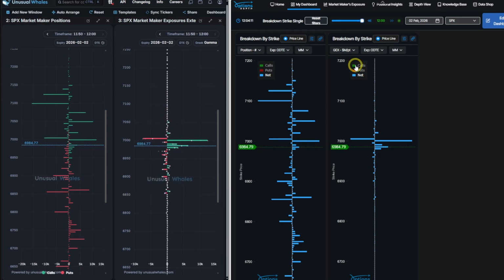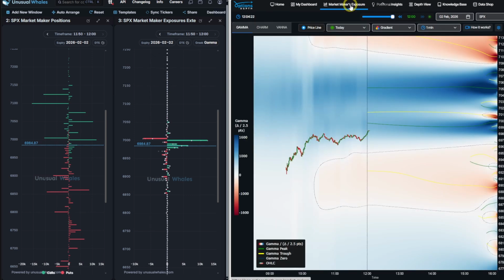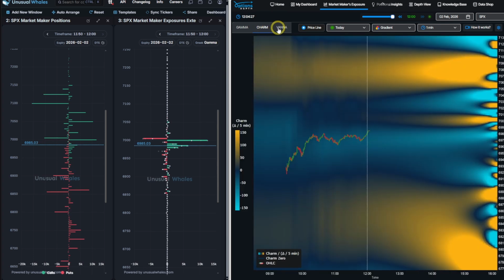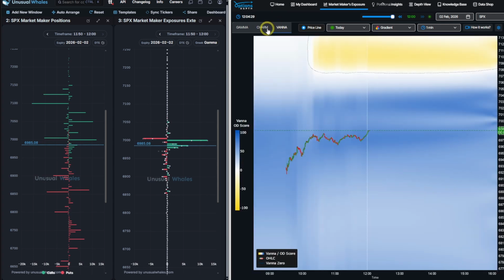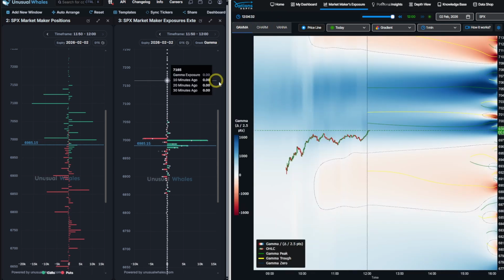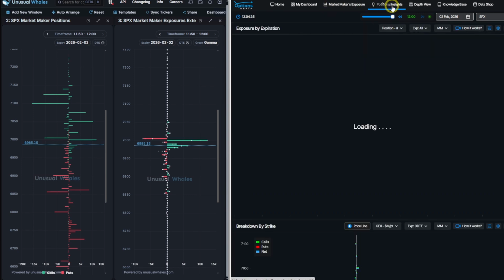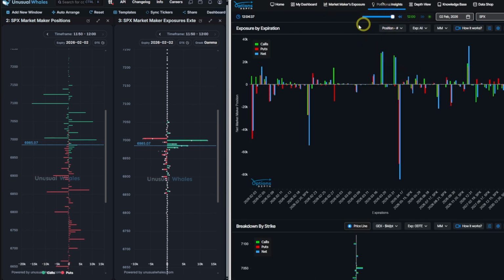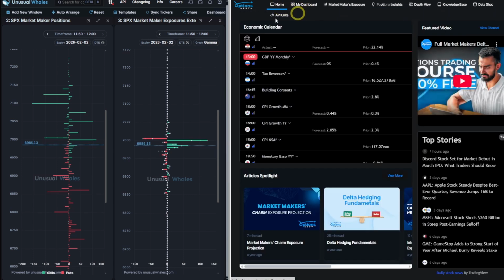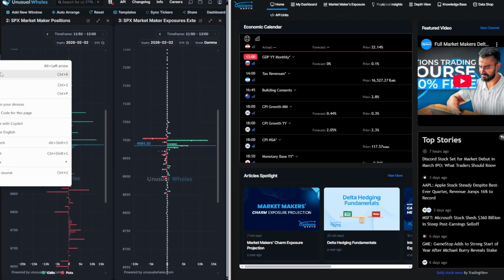Of course, the Options Depth platform has a lot of other tools that Unusual Whales Periscope does not have. You can get gamma, charm and Vanna heat maps, positional insights, and other ways to look at some of this data, whereas the Periscope tool is much more limited in what you can view.